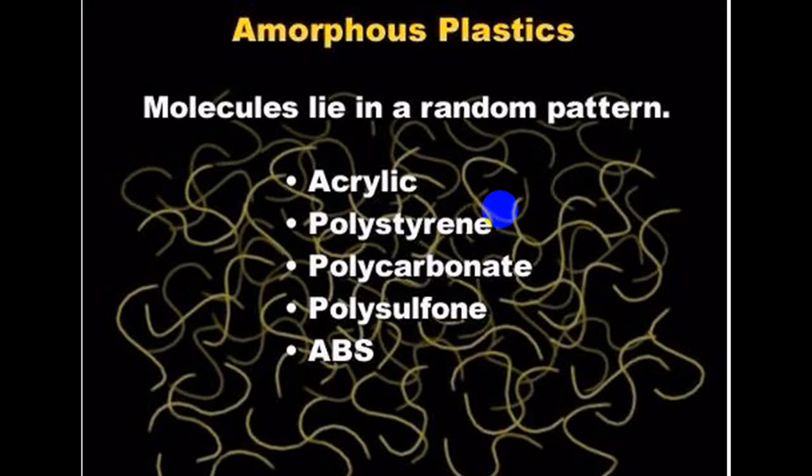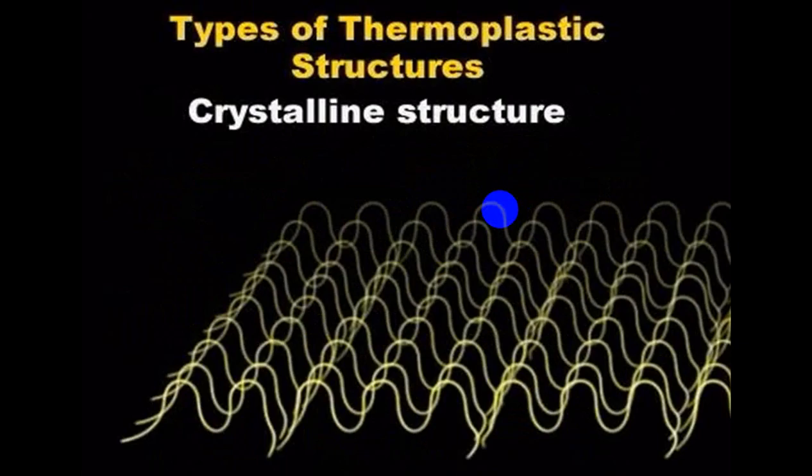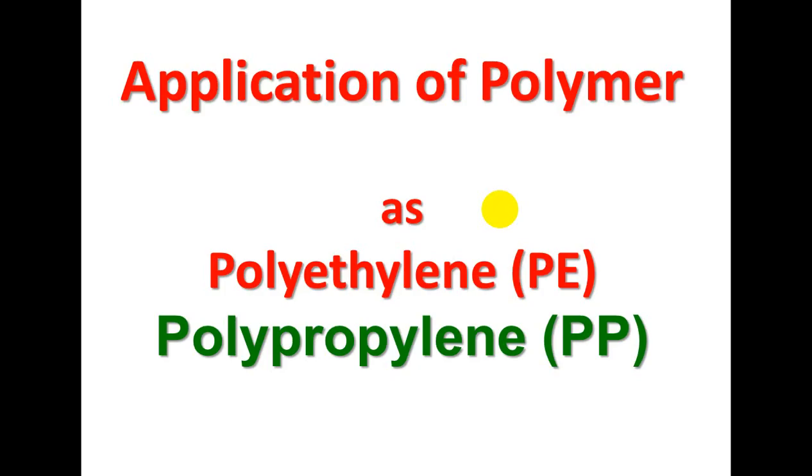Examples are acrylic, polystyrene, polycarbonate, polysulfone, ABS. These are the examples of amorphous plastics. In the crystalline structure of thermoplastic, molecules arrange themselves in a specific and systematic pattern.